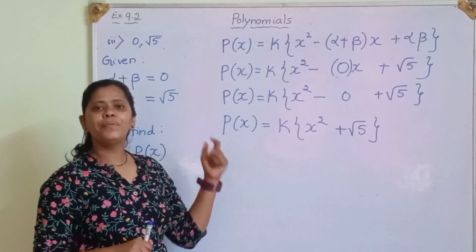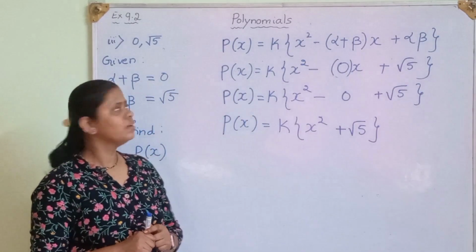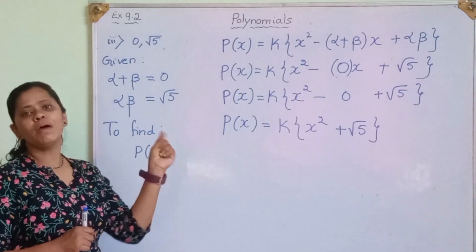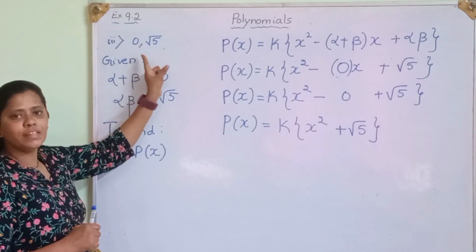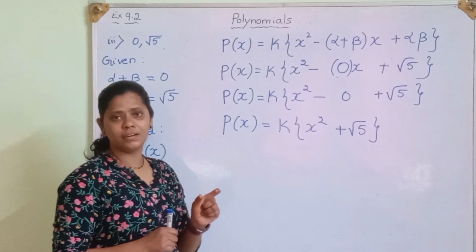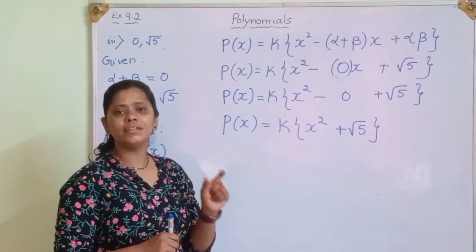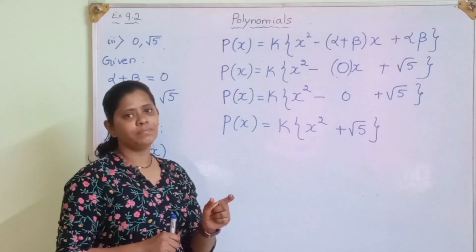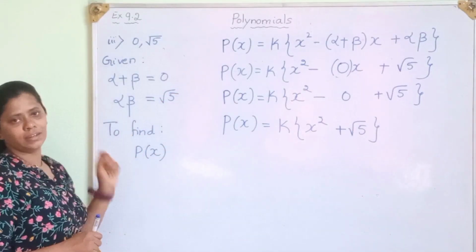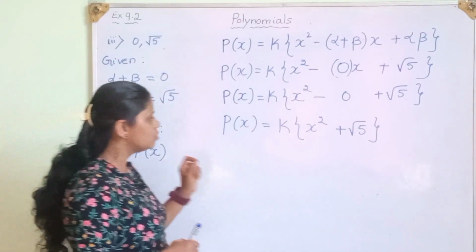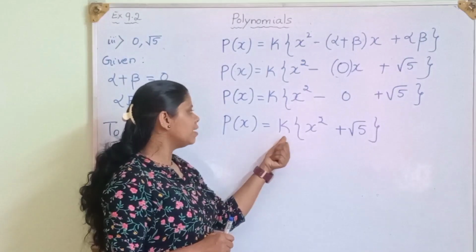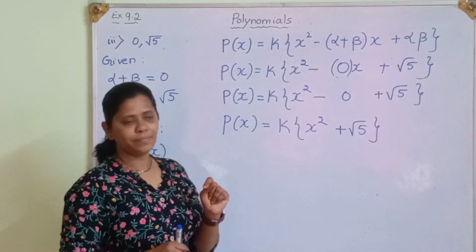Now, in the previous problem, what we were doing? See, there is a slight difference between the previous problem and this problem. In your previous problems, the zeros of the polynomial were given in fraction, so that we were getting the number in the denominator, right? But in this problem, there is no fraction. So, what we have to do? Now, let us take k as 1.